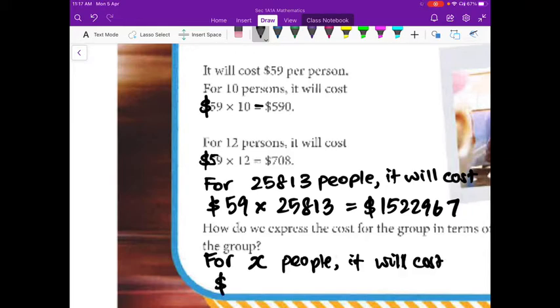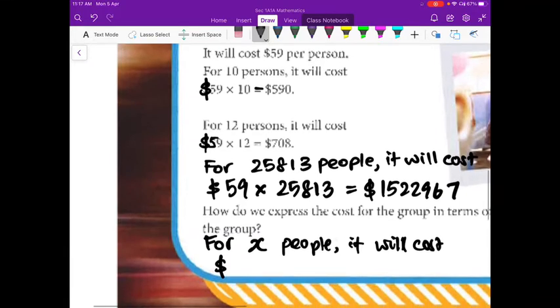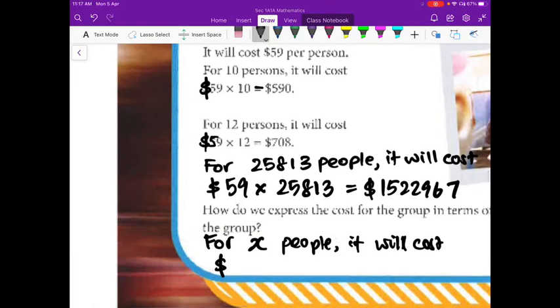Okay, so this is the question that I need you all to understand. You have to understand the question before we can answer the question. So we already tried. For 10 people, how much will it cost? For 12 people, how much will it cost? For 25,813 people, how much will it cost? But what if I ask you now, for X people, how much will it cost? What is the working going to look like?